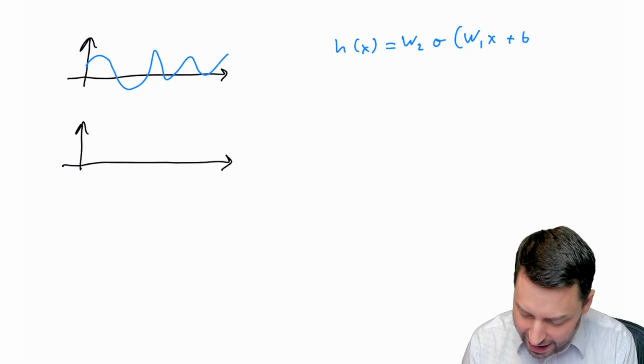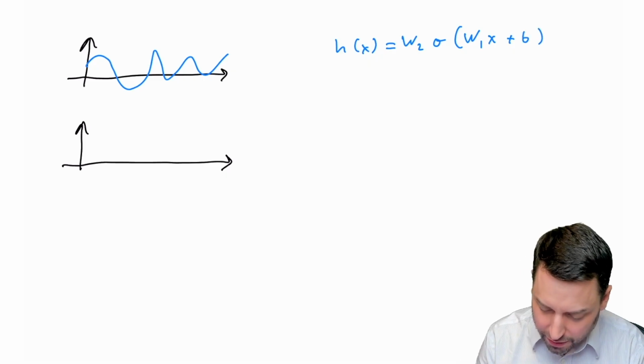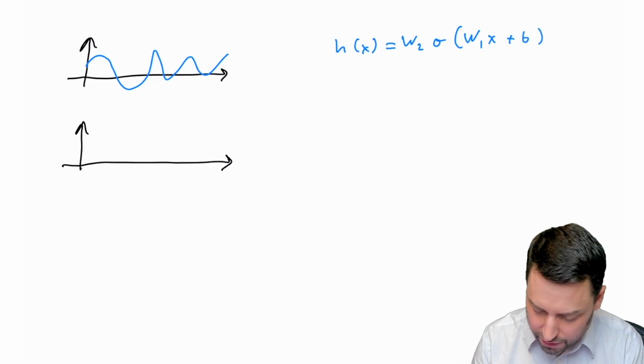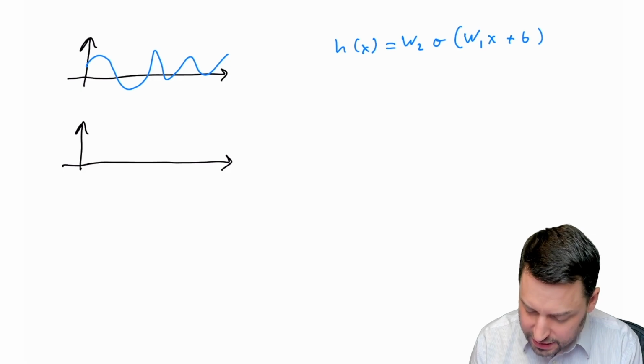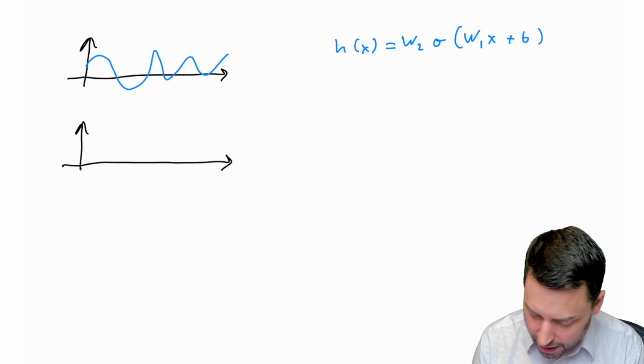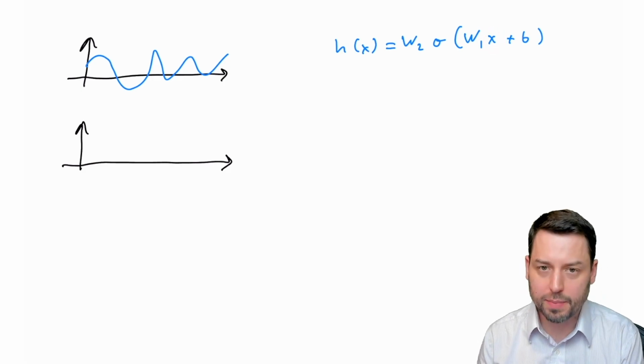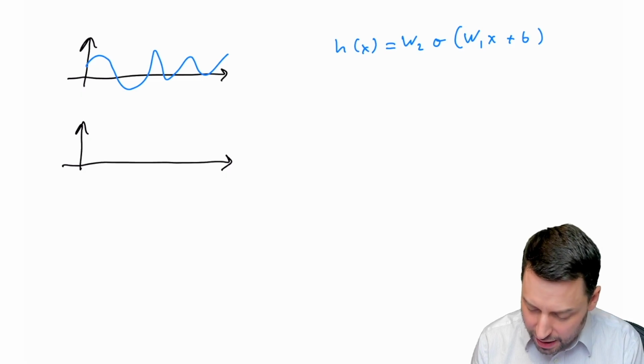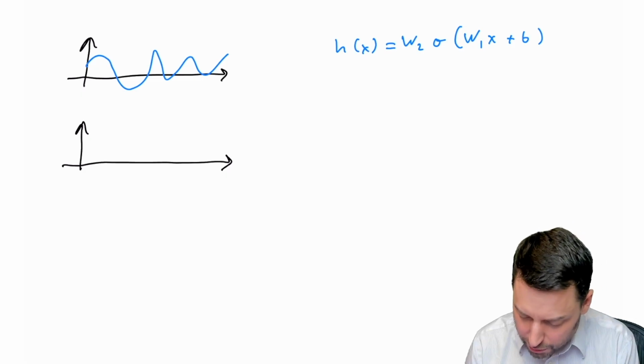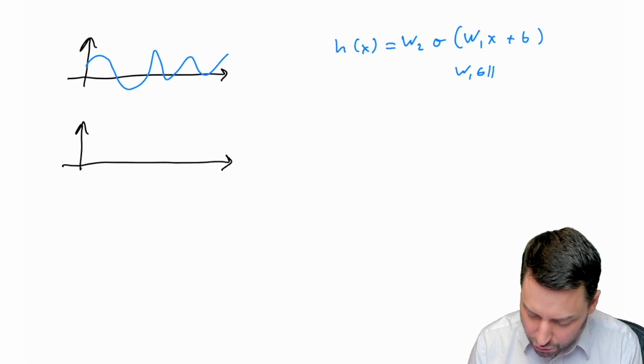I'm also going to add this bias term here. So let me define all these sizes. So x here is going to be, as our input, one-dimensional. And that means that W1 would be a matrix which is d by 1, right?